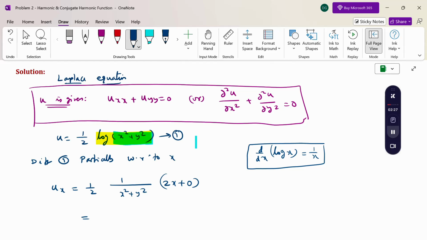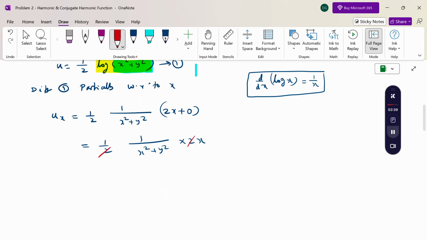Now 1 by 2, 1 by x square plus y square, into 2x. Cancel this 2 and this 2, therefore ux value is nothing but x by x square plus y square. Consider this as equation number 2.